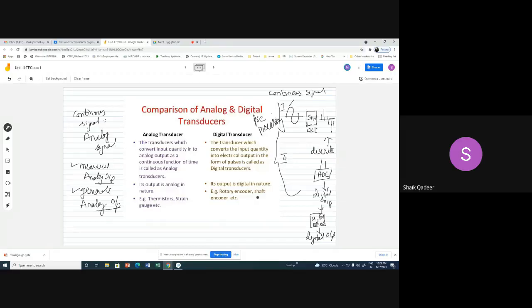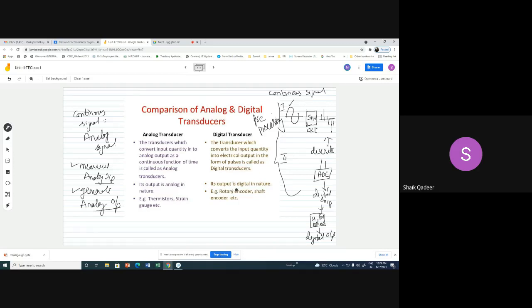Otherwise, we can define a digital transducer as one that takes digital input and generates digital output. You are already aware of the meaning of digital input and digital output, so I don't want to give the same explanation once more. I am just reading the text written here: the transducer which converts input quantity into electrical output in the form of pulses is called a digital transducer.